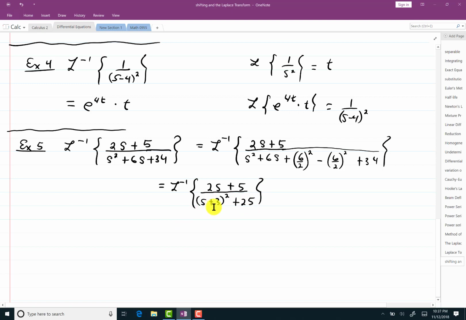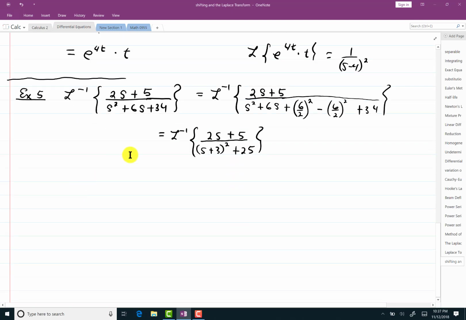Now, what you always want to do is break this up even further. You see that I have the s plus 3 here and plus 25. This fits the format of those Laplace transforms that had an s squared and a k squared. What I typically will do then is use the linearity of this inverse transform to rewrite it as 2 times the inverse Laplace of s over s plus 3 squared, and instead of 25, I'm going to write it as 5 squared so that I can recognize it in the Laplace tables.